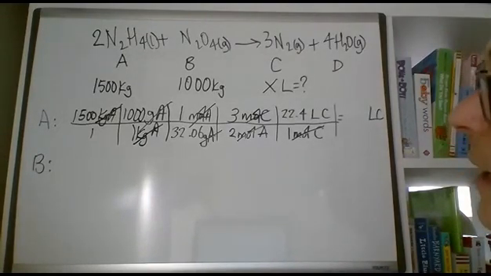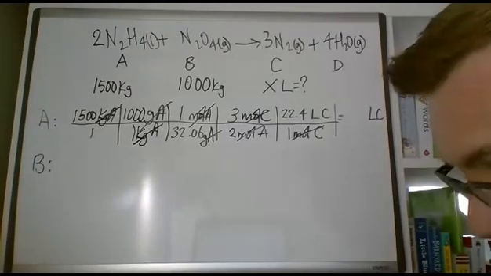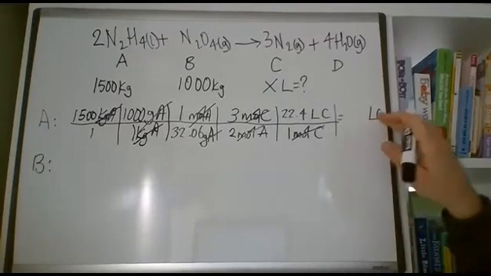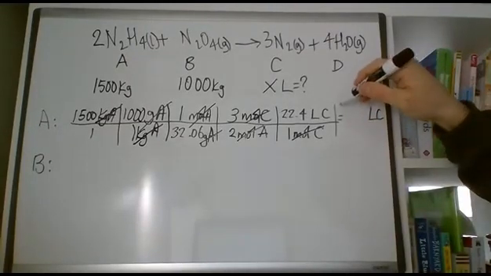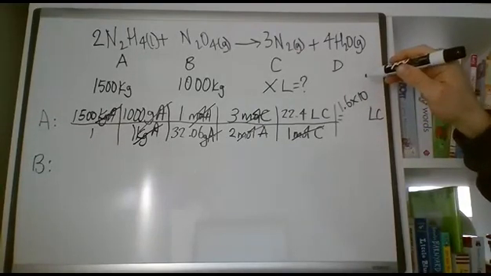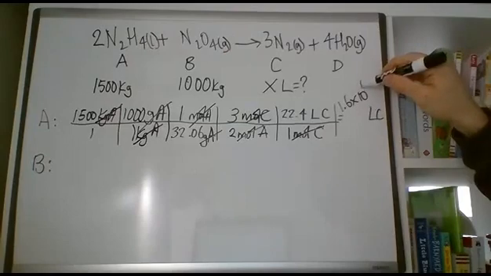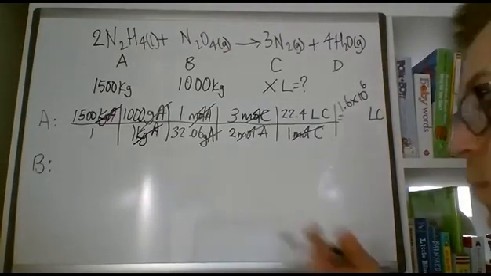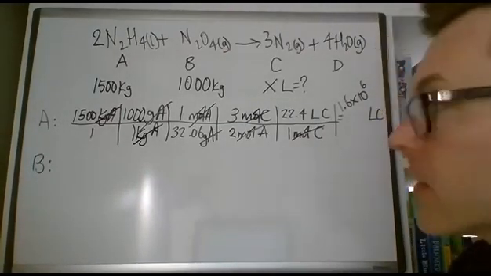Okay. So this is going to be a lot of liters. It's actually going to be a huge number. It's going to be 1.6 by 10, let's see, to the 6th power. So it's 1.6 million liters.